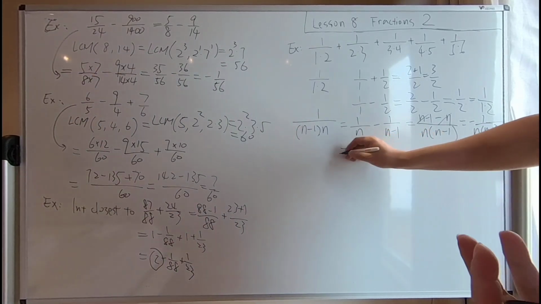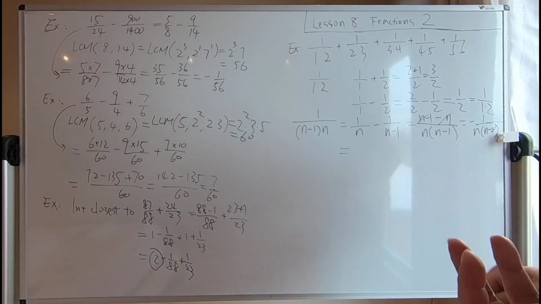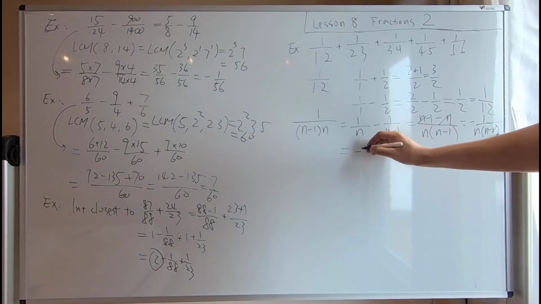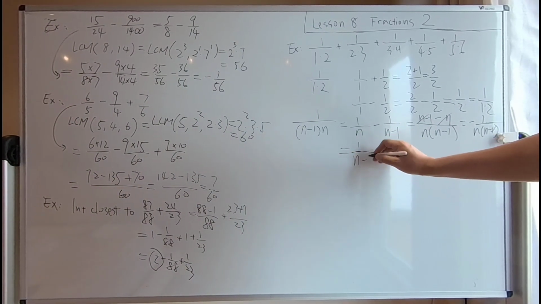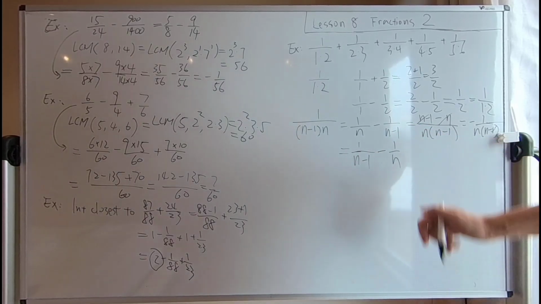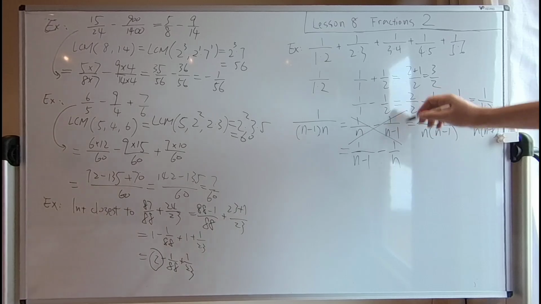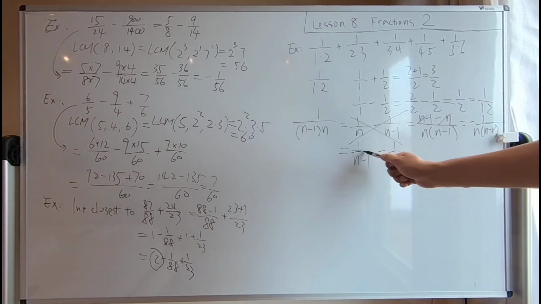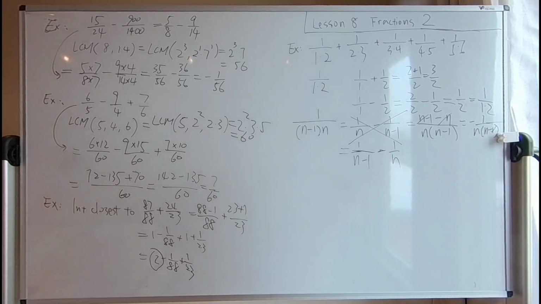Or in other words, it's 1 over (n minus 1) minus 1 over n. Here I'm just trying to show how to break this down into two single fractions, subtracting together.